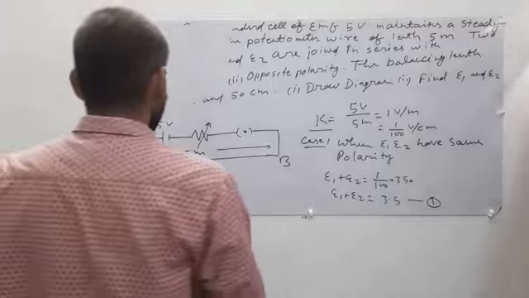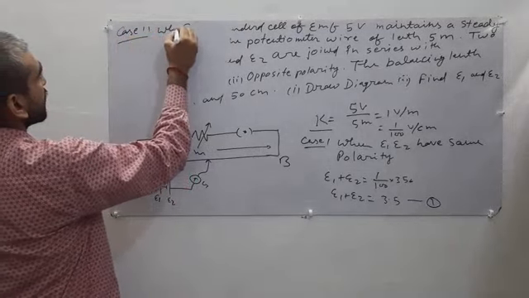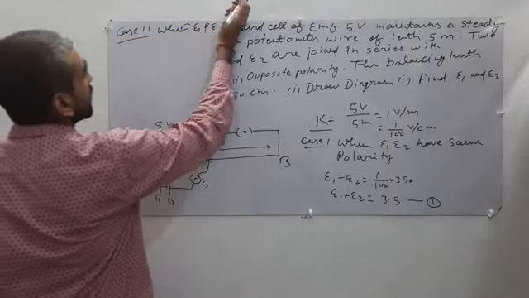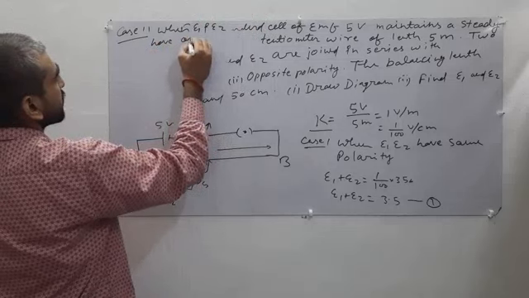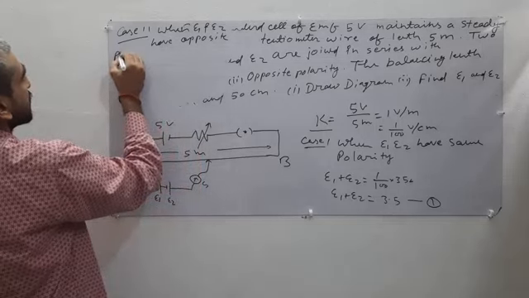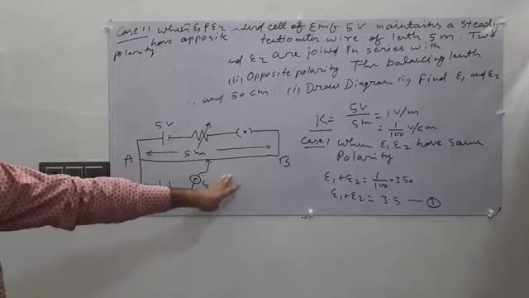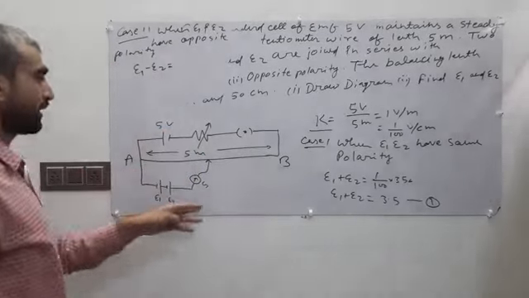And in case second, when E1 and E2 have opposite polarity, the voltage difference is E1 minus E2 equals K L2.